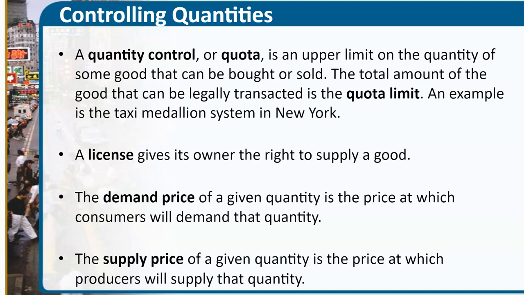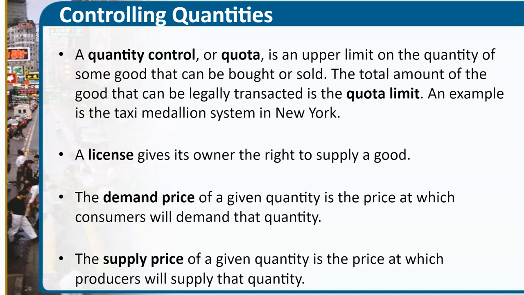Now we also have some other ways to control not just price, but also quantity, which is what we're going to take a look at here. This idea of a quota, and this is government again, imposing a certain number of resources that can be sold and no more. The taxicab medallion system in New York City or in DC is a good example of this. They don't have a taxicab medallion in DC, but they have licenses. And that is a quantity control or a quota that's in place.